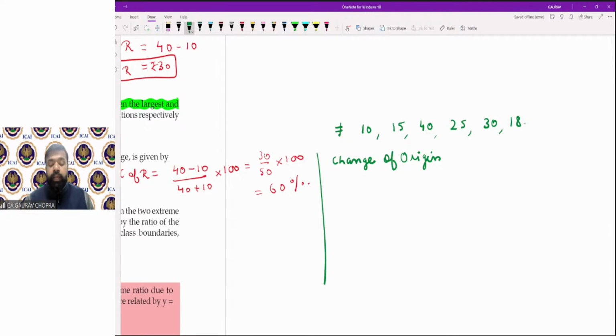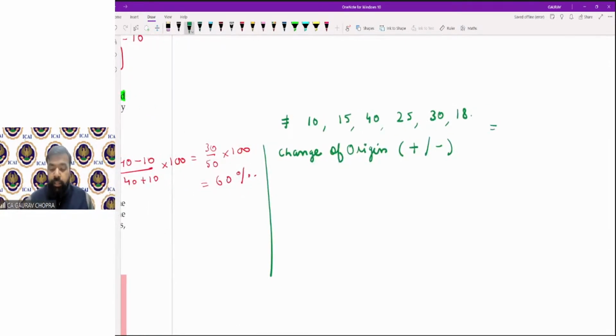पूरी सीरीज में कोई भी एक पर्टिकुलर नंबर या तो हम ऐड करेंगे या सब्ट्रैक्ट करेंगे, प्लस या माइनस. तो अगर मैं इस पूरी सीरीज को 10 से इंक्रीज कर देता हूं, if I increase the series by 10, then what will be the new range? So at present the range जो हमने कैलकुलेट किया है, that is 30.